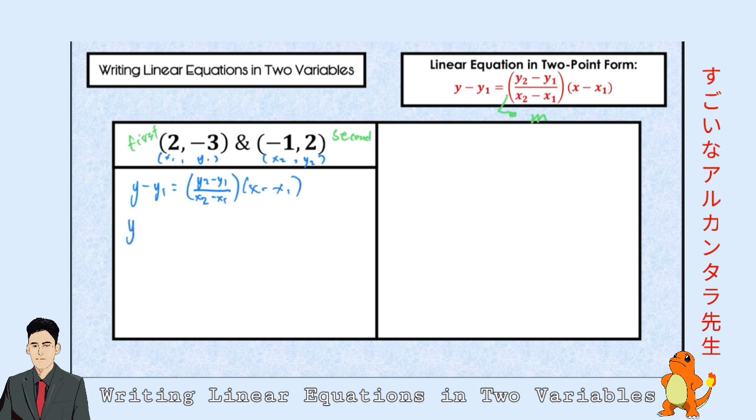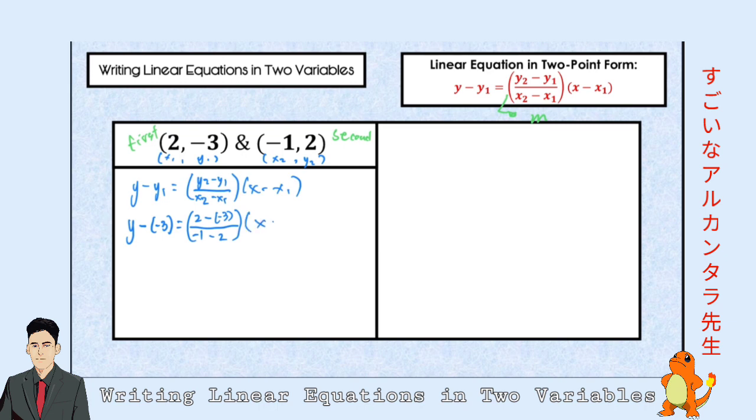And then again, let's continue. y minus negative 3 equal to y sub 2 minus y sub 1, that's going to be 2 minus negative 3. I know it's going to be long, the process may be long, the journey may be long, but it's an important concept. Now x sub 2 being negative 1 minus 2.